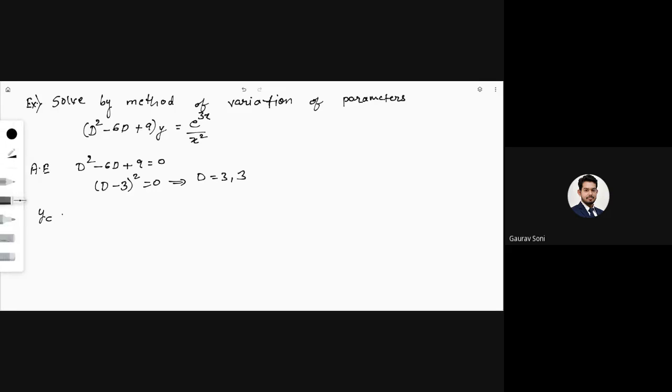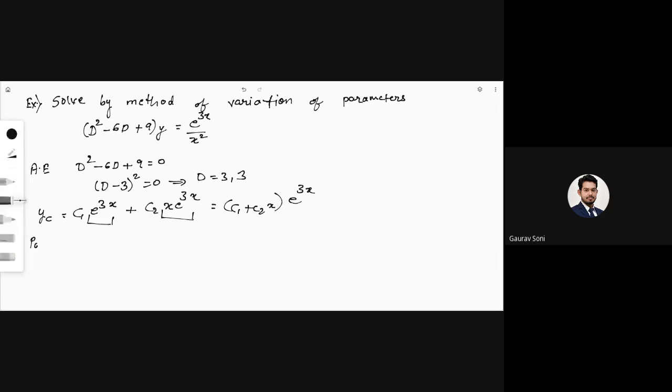So yc will be equal to c1 e to the power 3x plus c2 x e to the power 3x. I have just opened the bracket. Whenever there are repeated roots, we write it in this manner, c1 plus c2x. So I have opened the bracket to figure out y1 and y2. This is my y1, this is my y2.